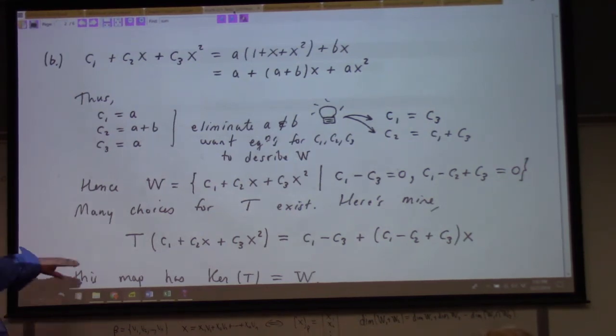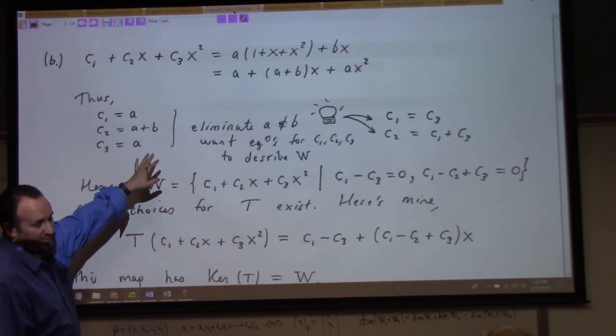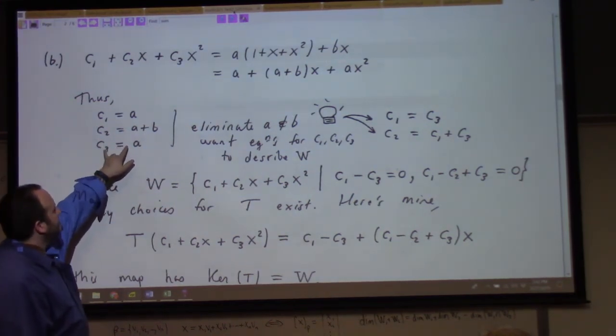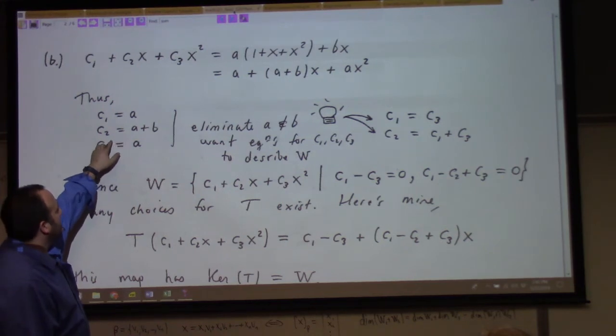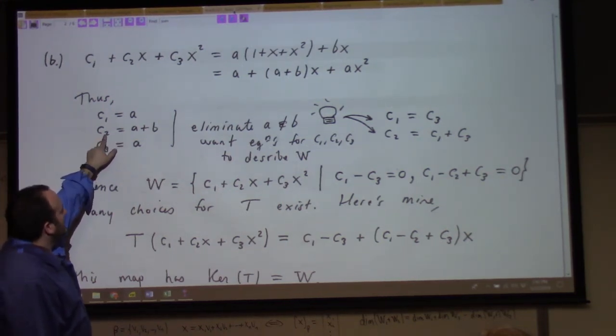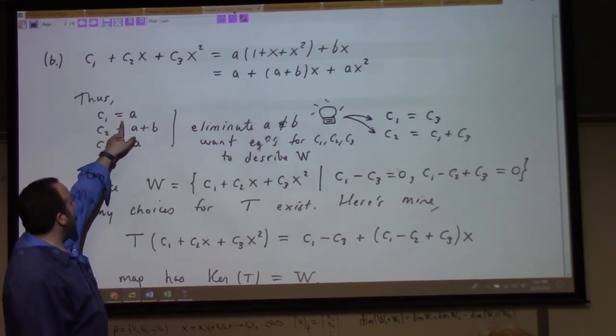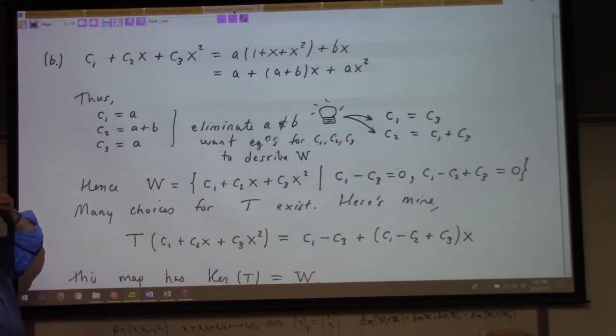Well, so here's what this is. This is actually much nastier in some sense, but it's good that this has come up in the discussion. This is in no way related to C1 or C3.